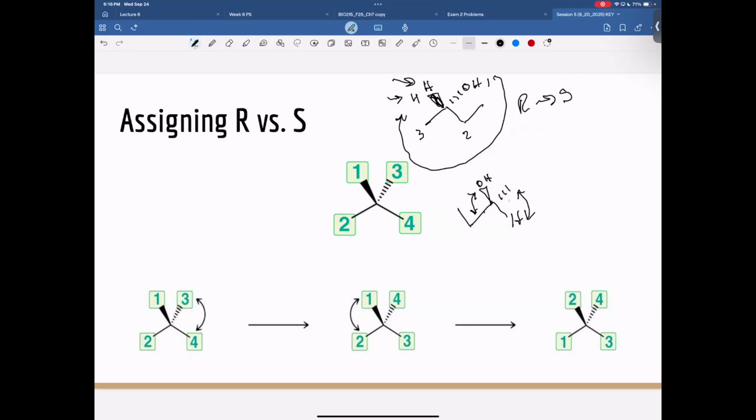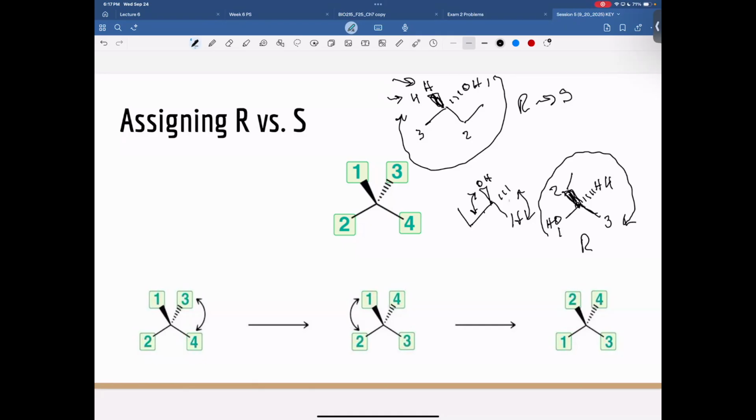So that would give us something like that. And then once you have the H where it is, you assign R or S. So we label the oxygen as 1, 2, 3, 4. This goes in that way. So this is R.